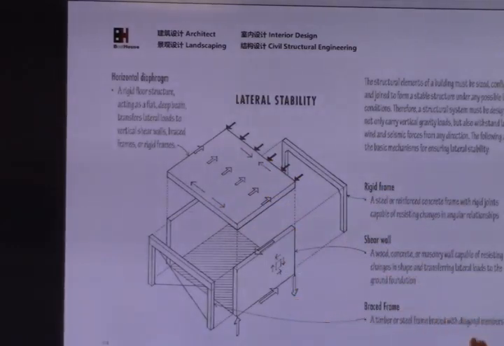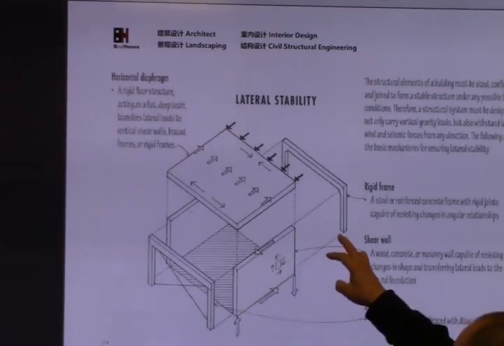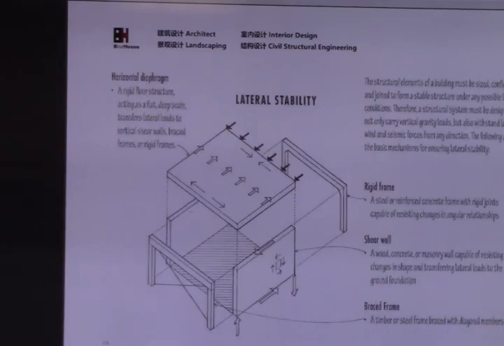But if they have the lateral load, for example the wind or some dynamic load, they will fail. That's the stability. So we need to add another member to have the stability. That's very important for the building, for the structure.